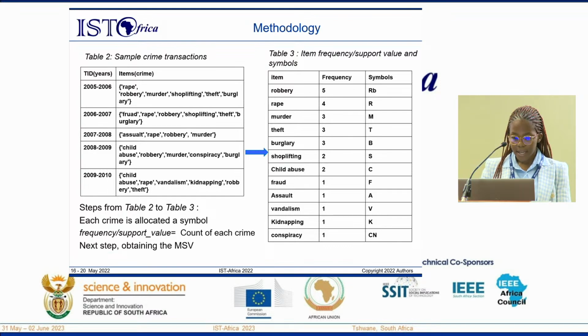The next step we need to do is find the frequency of the crime types. So how many times does that particular crime appear in the data? For robbery, 5, the robbery appeared 5 times within the item set, and then rape 4 times, murder, and so on. And then we also assign a symbol to those particular crimes, to save space, obviously.